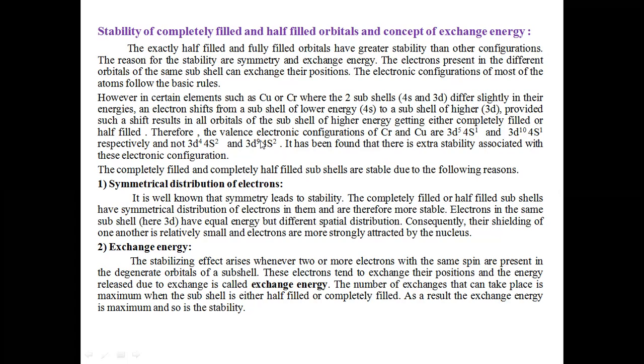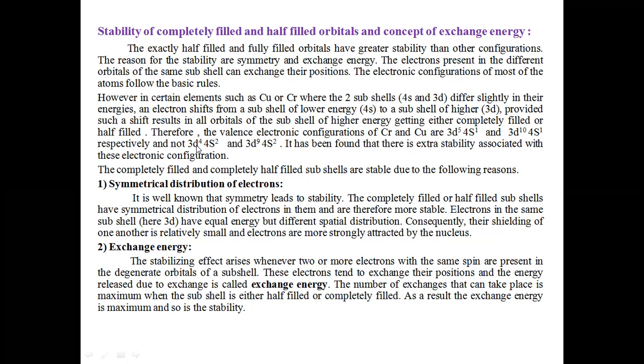In general, if we write the electronic configuration without any rule, we would write argon 18 3d4 4s2 for chromium. But I cannot shift these two electrons from the s subshell to the d subshell.